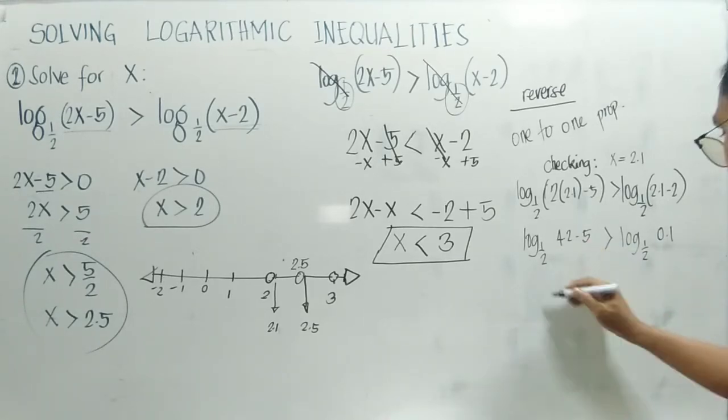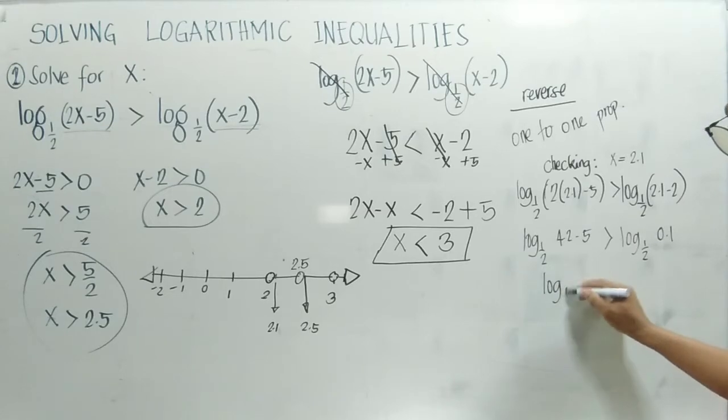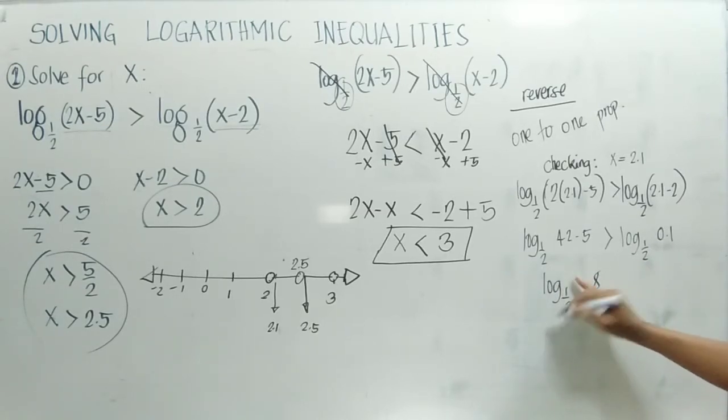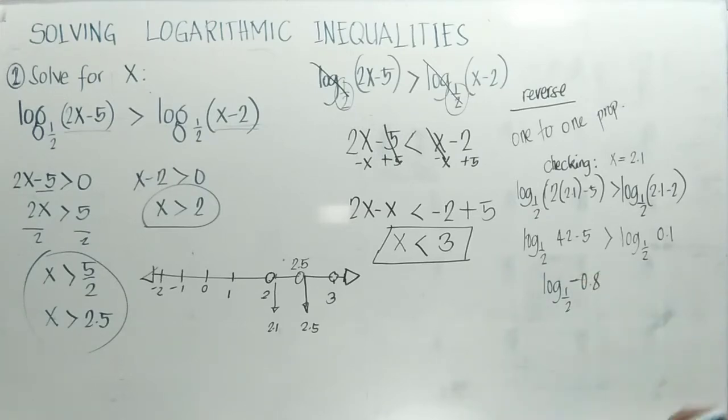Subtracting 4.2 by 5, we get negative 0.8 is greater than log of 0.1 base 1/2.